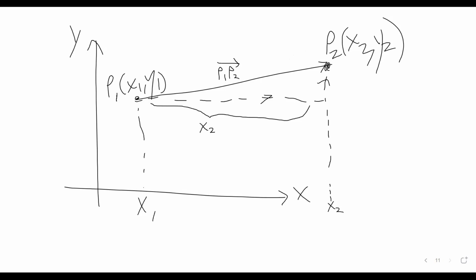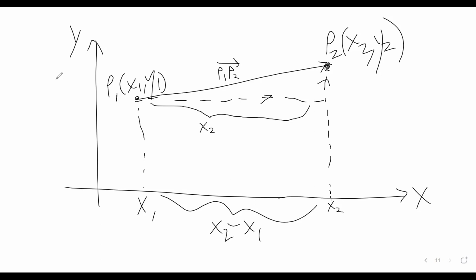And so this distance is just x2 minus x1. Okay, x2 is larger because it's to the right. Then this distance is just, well, the y coordinate of P2 is y2, and the y coordinate of P1 is y1.